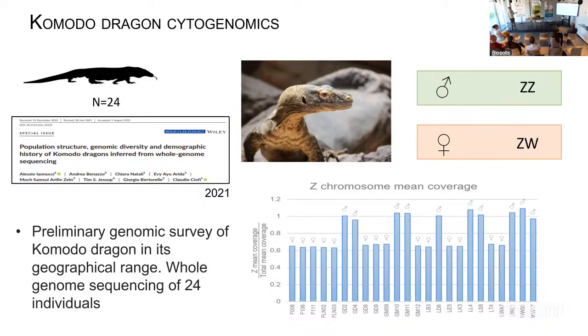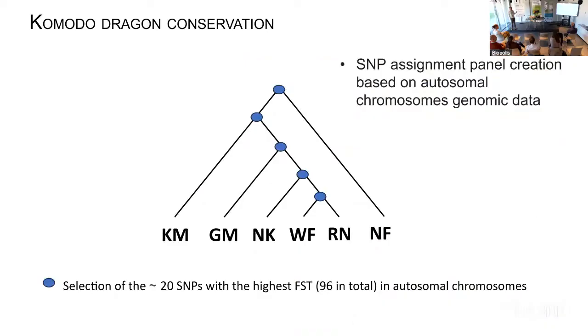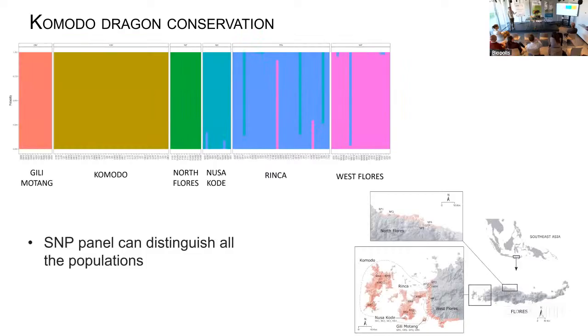Last two slides. We are now working on a SNP panel that considers only autosomal chromosomes. So we managed to exclude the sex chromosome, and based on this SNP panel, which is 96 SNPs in total, we managed to distinguish all the six populations of the Komodo dragon very well.